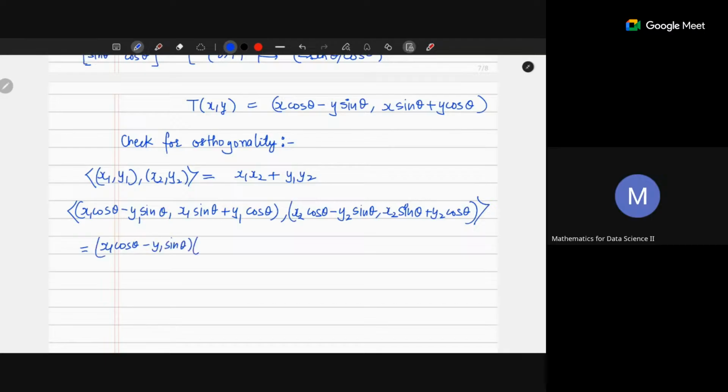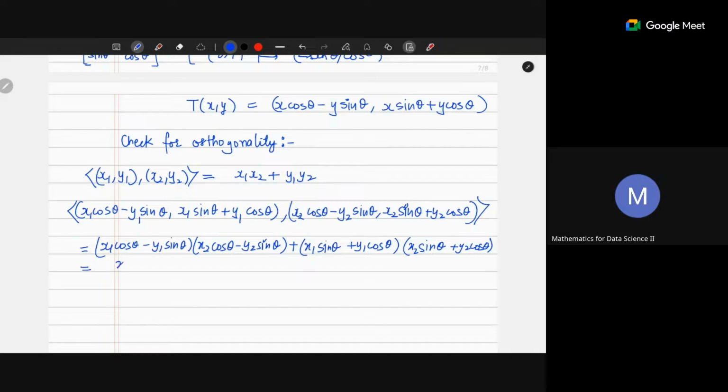We will first multiply the first coordinates with each other, and then in the second coordinate we multiply and sum.